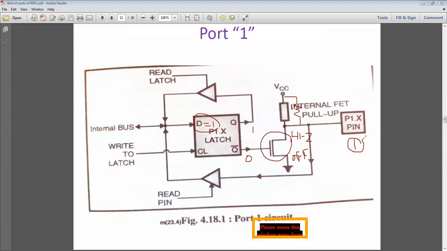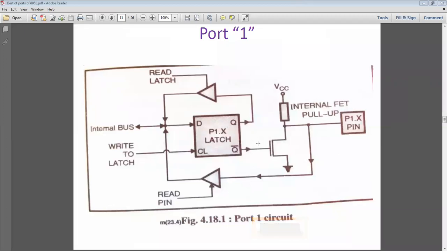So this is how port 1 acts as an output port. Now, one very important thing is the difference between port 1 and port 0: since port 1 performs a single operation, there is no multiplexing device connected over here.